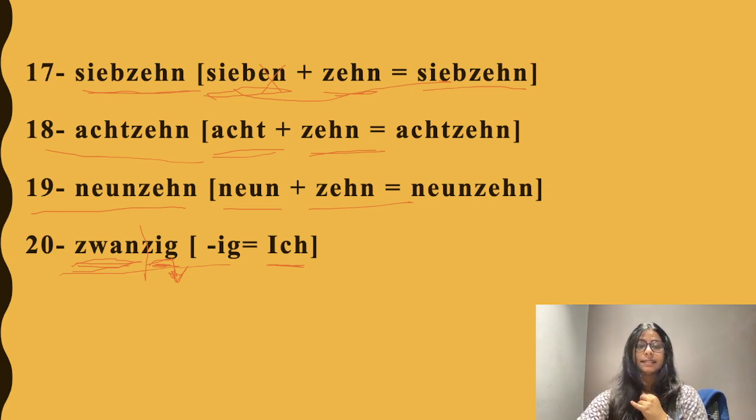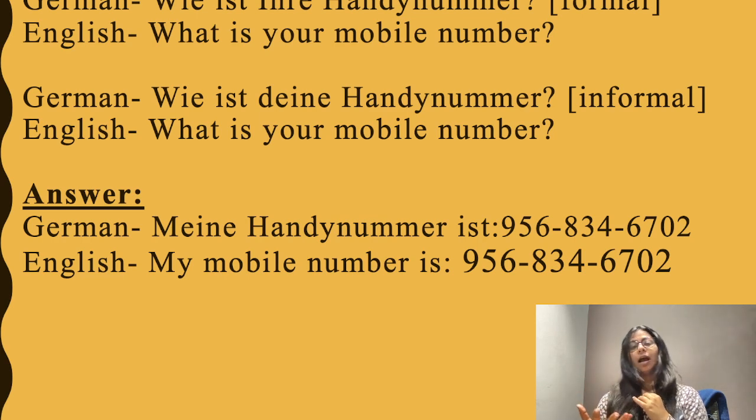Now let's move on to see how you can use these numbers to say your mobile number. So if you have to ask someone's mobile number, or if you are asked your mobile number, then what would you say? Or if you have to ask, how would you ask?